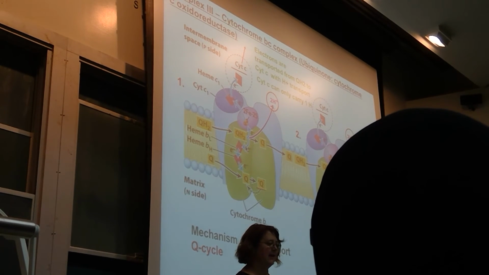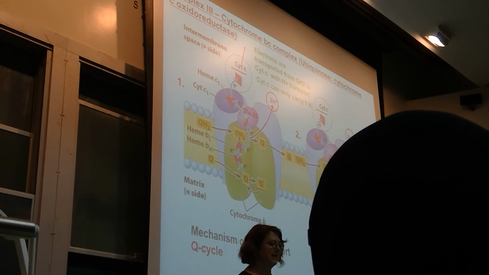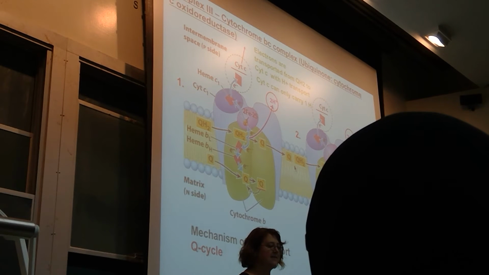So one at a time, one is going up, up, up, and one at a time, it's going down to form that radical. The second one comes in, it fully reduces the radical to the QH2, and then comes up here to reduce another cytochrome C. So you would have two of these coming in, you would have two cytochrome Cs reduced, and the formation of QH2.